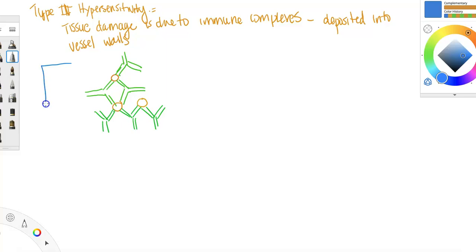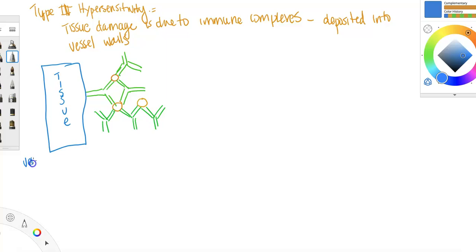So if we, let's have a tissue over here. So here's my tissue, and then this complex gets deposited there and sort of latches on to that. And as they float around, they get deposited into these tissues that are basically specifically the basement membranes of vessels.